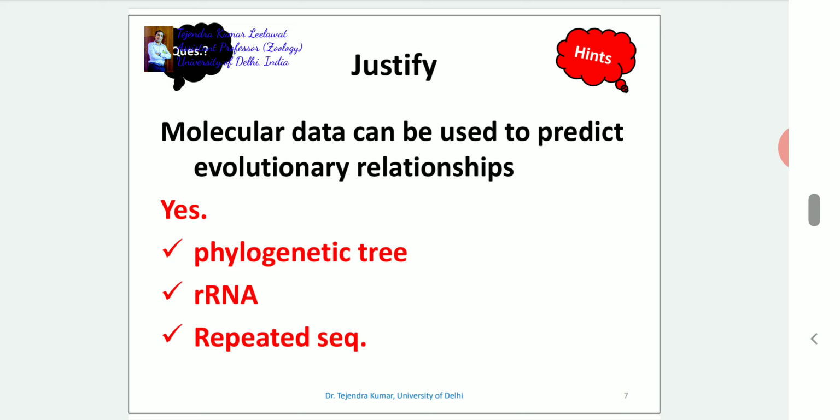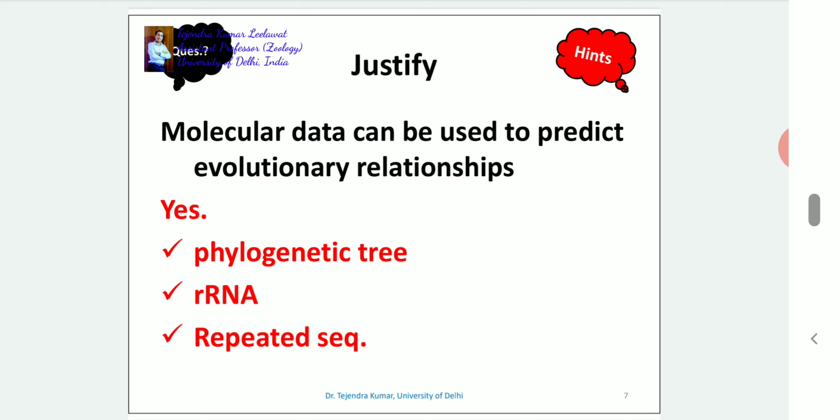And another thing is repeated sequences. As you know very well, whenever a species evolves and generates some new species, some set of genes keeps repeating over the evolution and over the new speciation, and these repeating sequences are present in the cell.